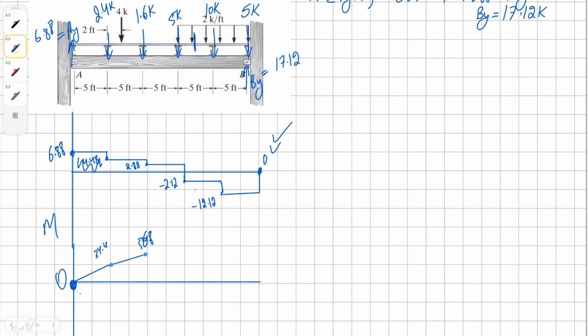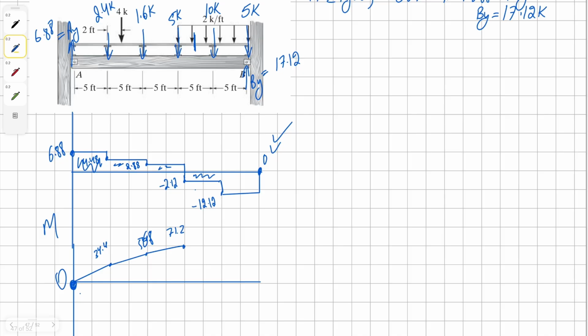And then again 2.88 times 5, that is 14.4, and plus our initial 56.8 takes us to 71.2. And that was also the first order curve. Now that we have done that, we have a negative area, so it's going to be negative 2.12 times 5, which is negative 10.6.